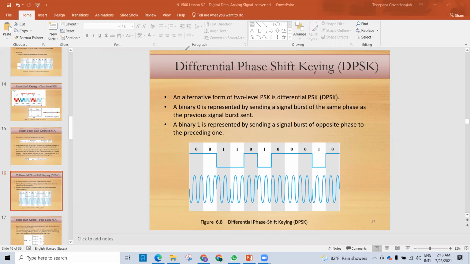Here also, for the zeros, there is no change in the phase. But for the ones, phases will be alternated.